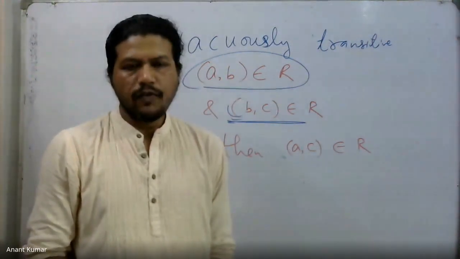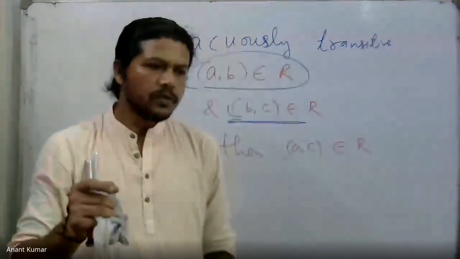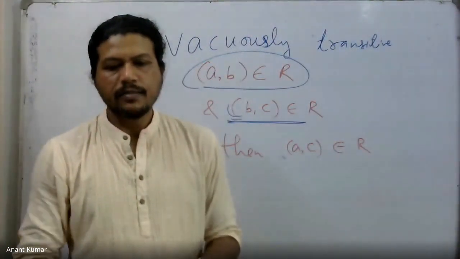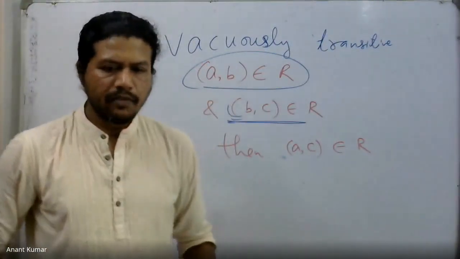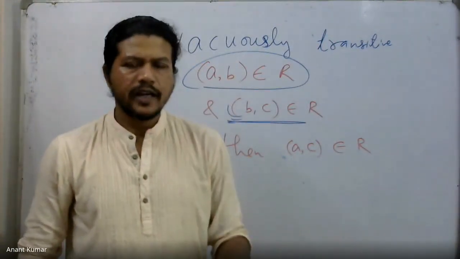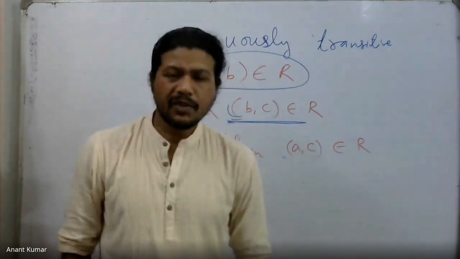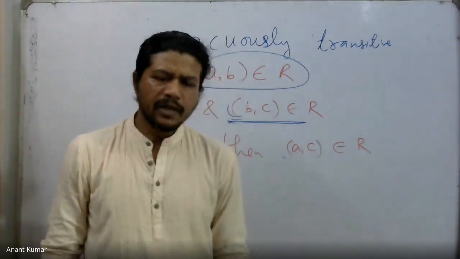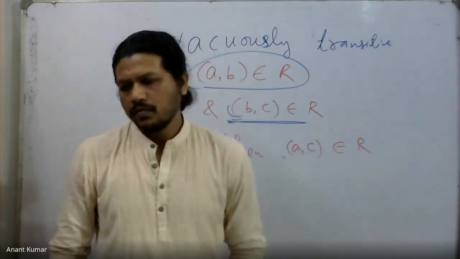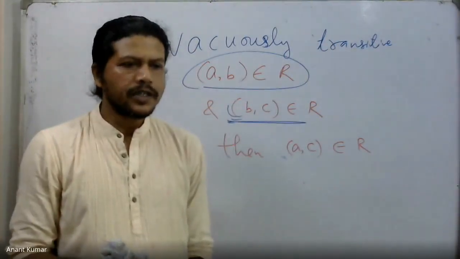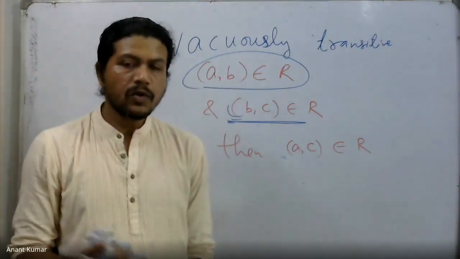Yes, the same thing. If we are not able to contradict it, in that case it becomes a vacuous truth. If I am not able to justify a certain fact, but at least we are not able to contradict it.